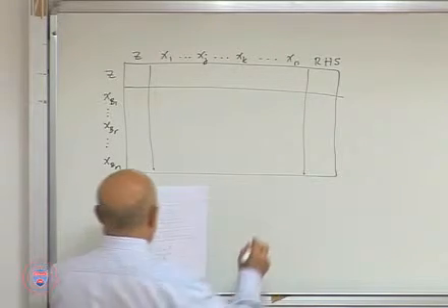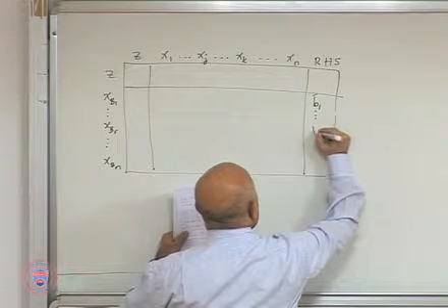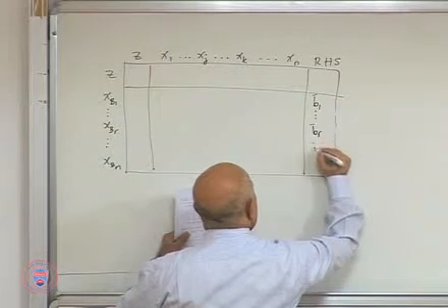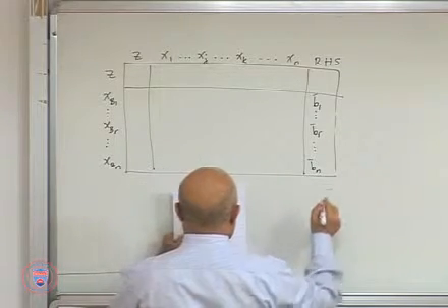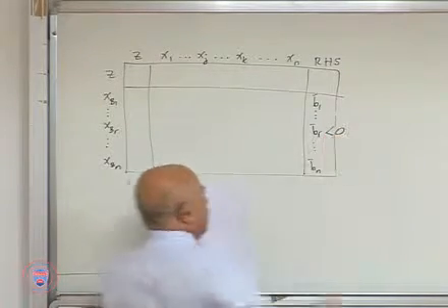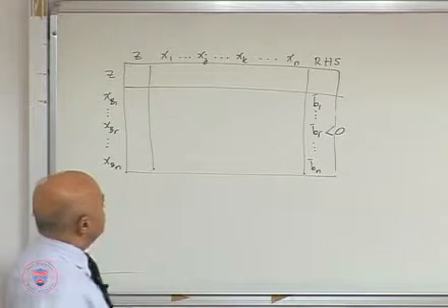So we've got, say, B1 bar, BR bar, BM bar, and let's just assume this particular one is negative. There may be more than one.